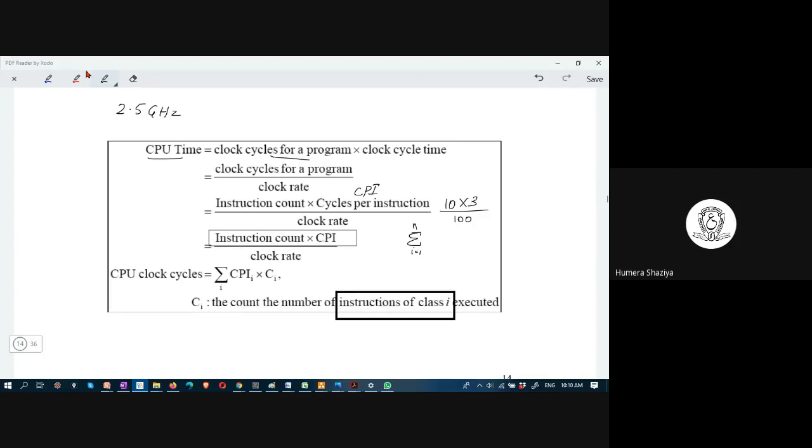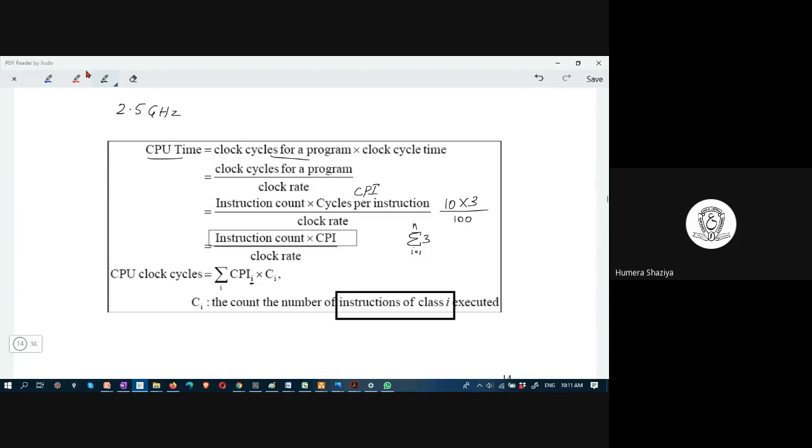CPI is, no, not 10, 3. Cycles per instruction 3. It may vary. Some instructions might require 4 cycles. So it is cycles per instruction of sub i, for that particular instruction within a program.